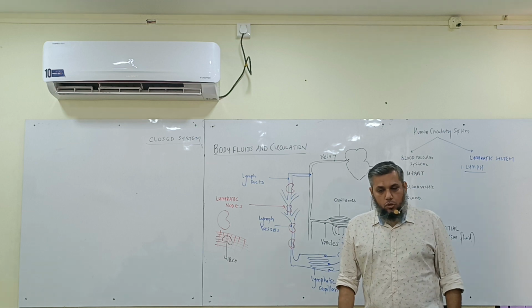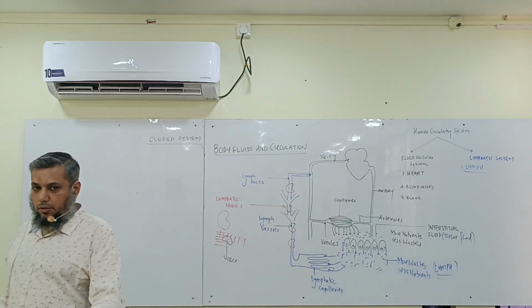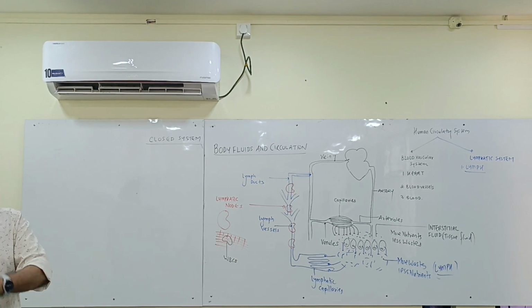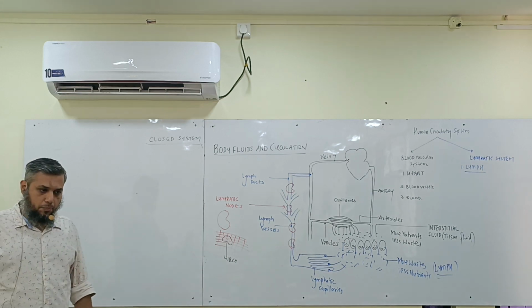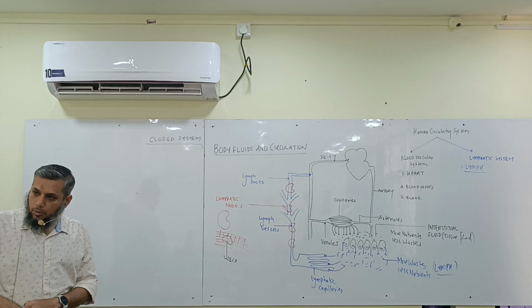It is spreading here and there. You got my point? So you will come across lymph in your medical studies quite a lot. Lymphatic nodes will be a part of your curriculum in detail, where they are located and all that. But if you understand the general idea that I want to build up over here, got my point?